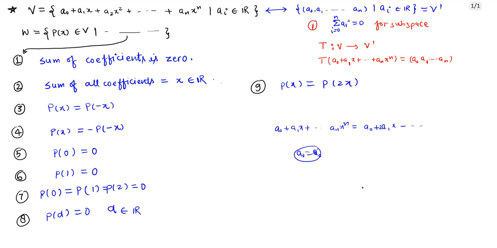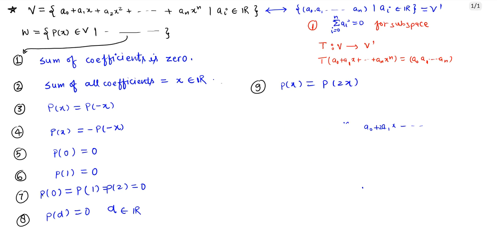In constant polynomials, nothing changes if you put x is equal to 2x or x is equal to some alpha x, but change that a1x, then we get a1 is equal to 0 and so on, all other coefficients are equal to 0, right?